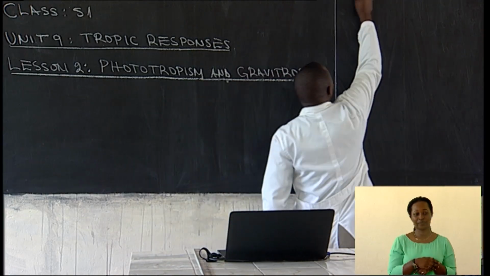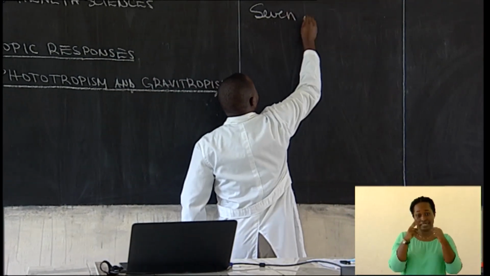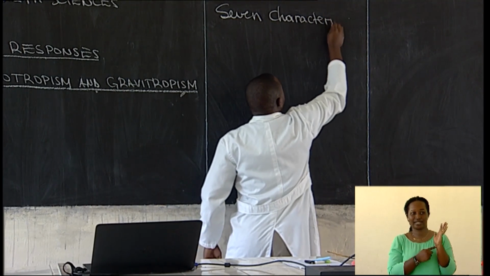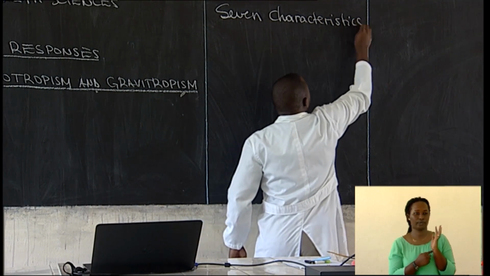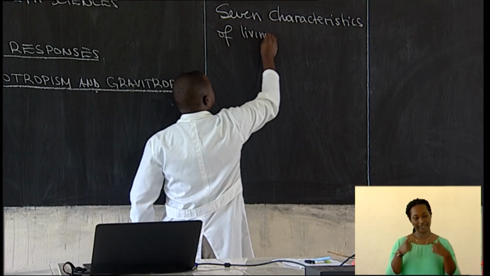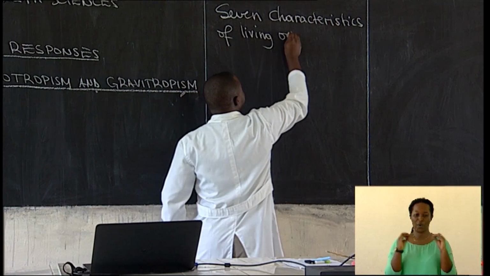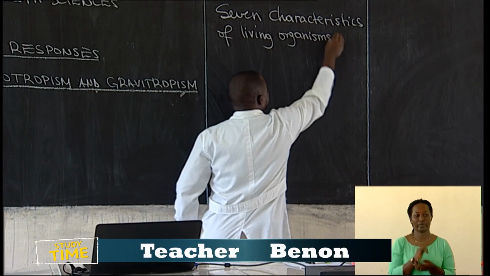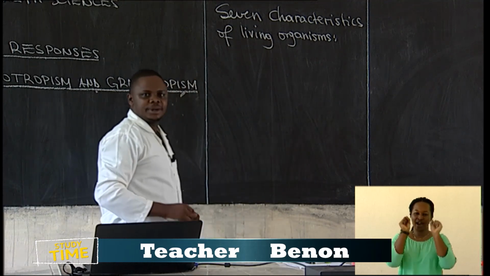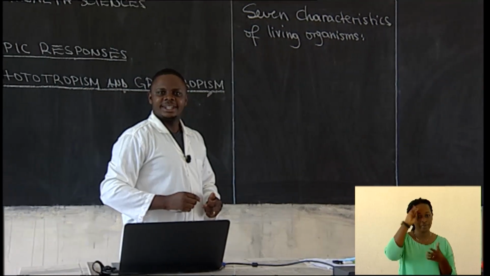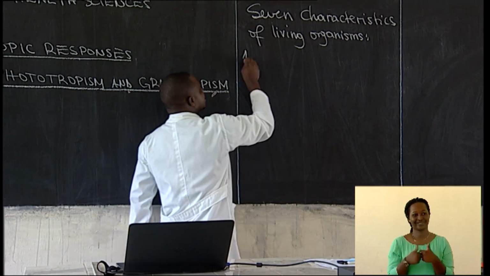Here we have 7 characteristics of living organisms. Together, can we go through them? Which one do you remember? Excellent.